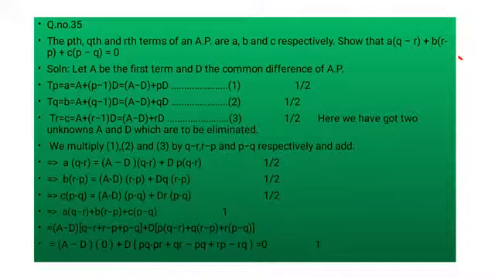First we have to make all equations. Tp is equal to a plus (p minus 1)d, that is a minus d plus pd is equal to a, that is equation 1.